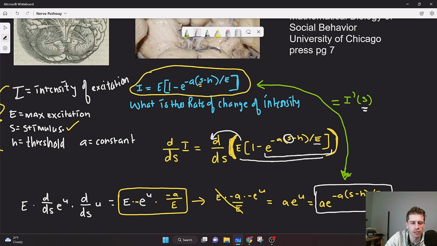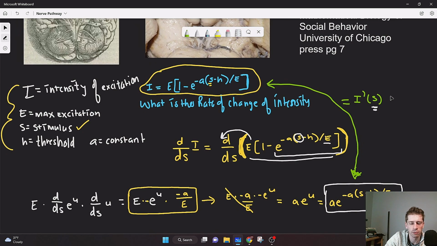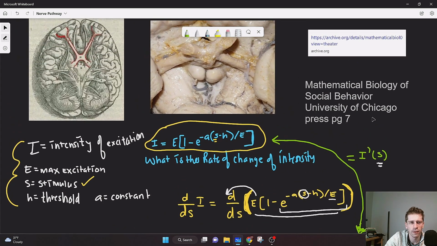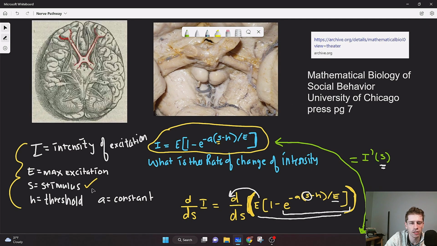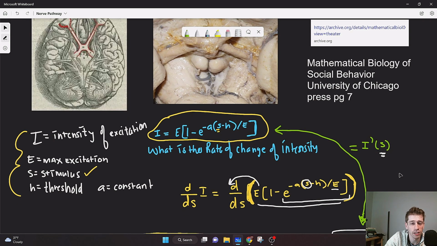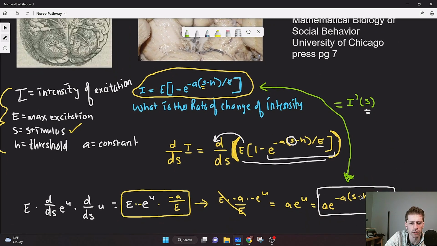Based on how much stimulus we are putting into the system, and the system in this case is a specific nerve pathway, it doesn't explicitly say which nerve pathway, but we could say that it was an optic nerve pathway. Depending on how much light hits the retina, that would be the stimulus. We could plug that input in, and we get the level of intensity of excitation and the rate at which that intensity is increasing or decreasing, depending on what the model outputs.